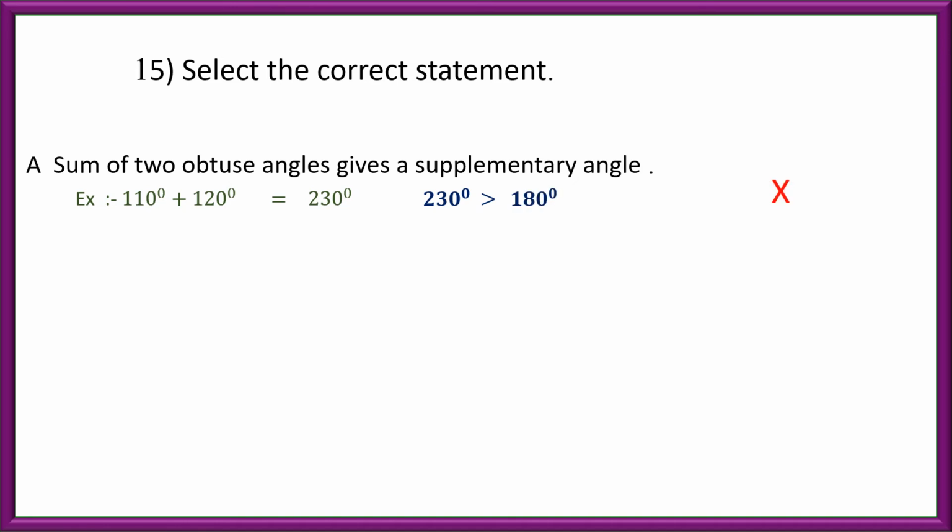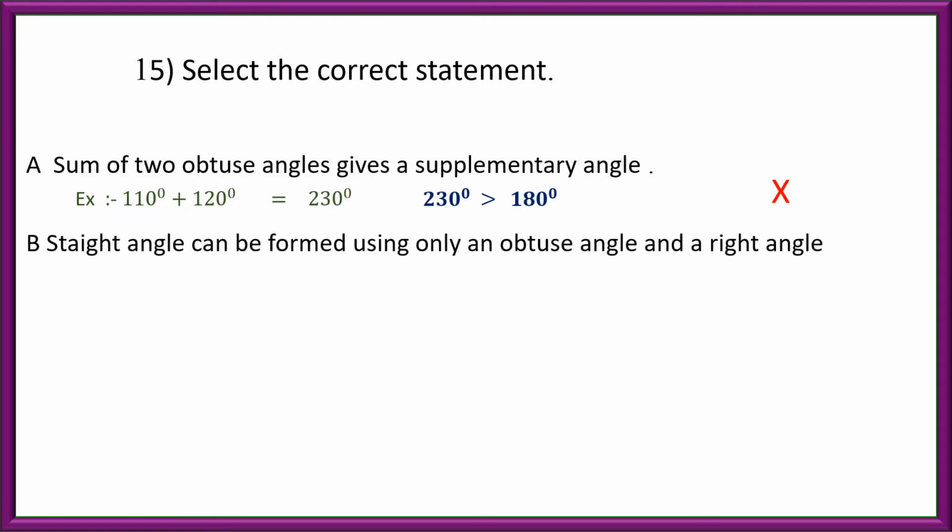Now let's see statement B. A straight angle can be formed using only an obtuse angle and a right angle. Here also I am going to take example values. For the obtuse angle I have taken 110 degrees.